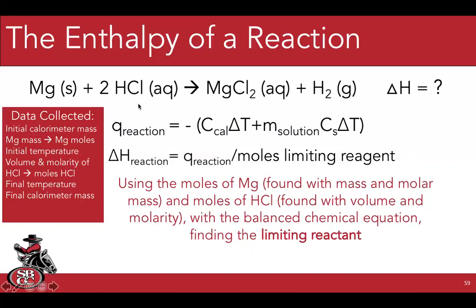And so if the reaction is giving off heat or taking up heat, then we're going to have some interaction with the calorimeter as well as the solution. So this is accounting for the presence and the physical interaction of the material that is the calorimeter. But we don't have to worry about mass because it's the same calorimeter every time. It's just the heat capacity, not the specific heat capacity of the calorimeter.